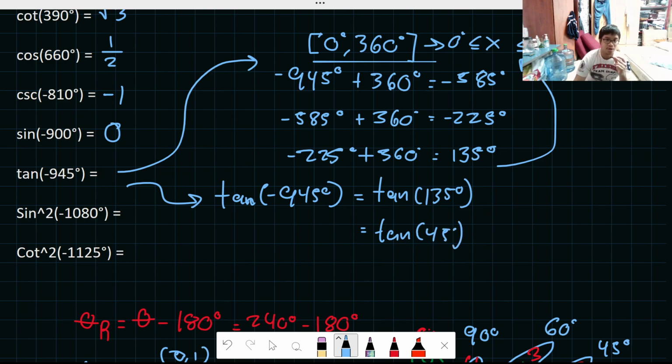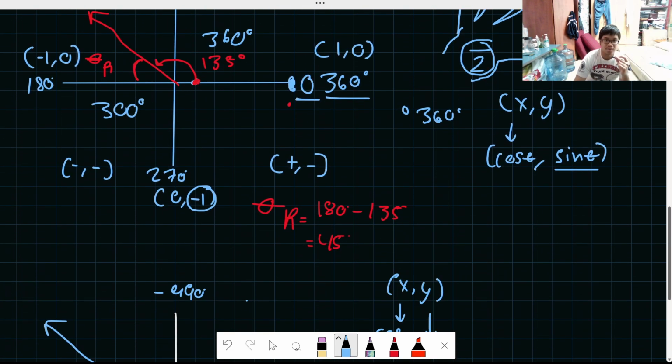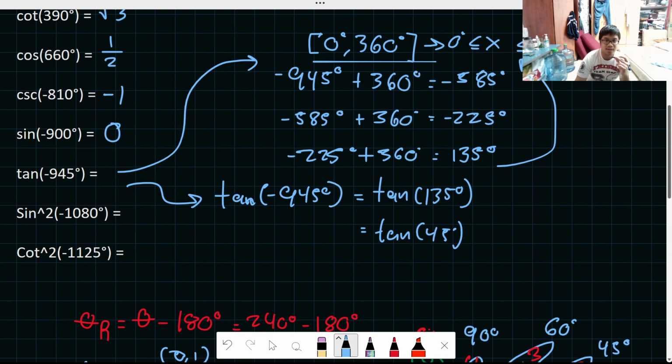But remember that when it comes to tangent, let me write it here. Tangent theta is just the same as sine theta all over cosine theta, which means that this is just the same as, there we go.